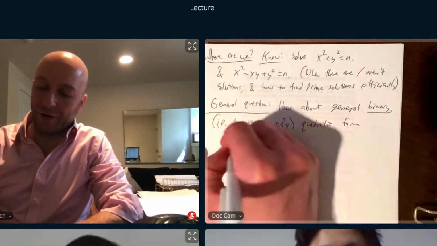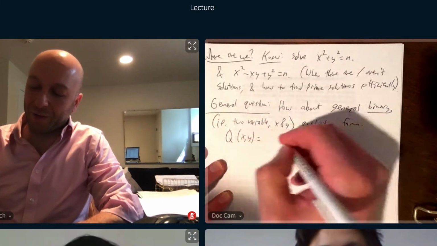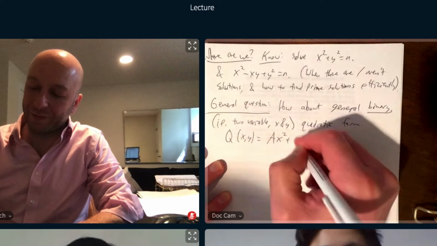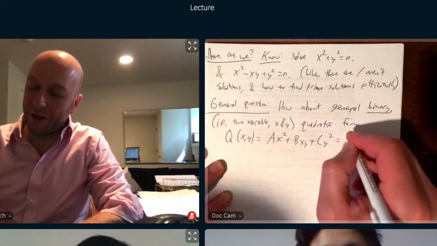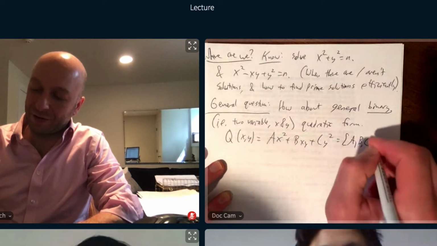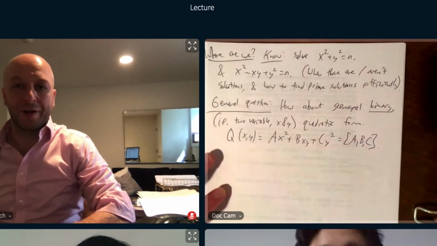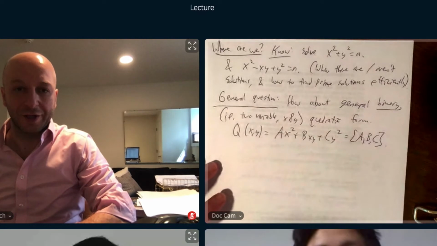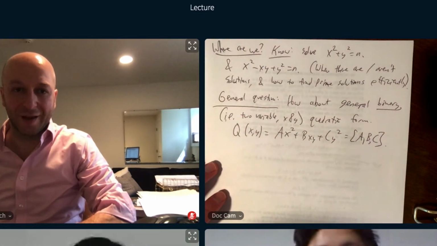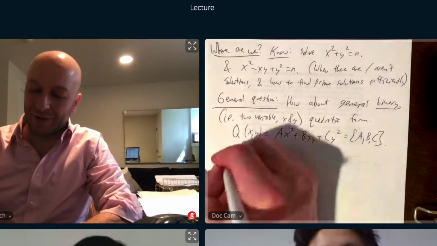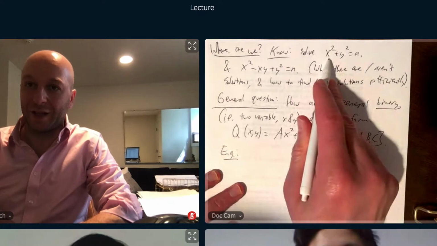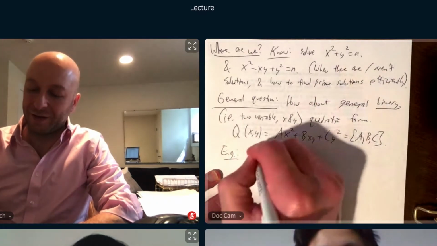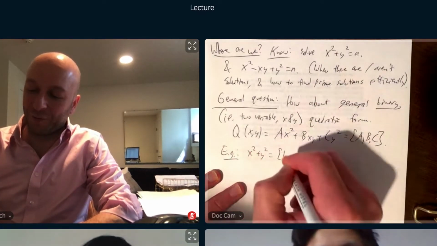So Q of x and y is the quadratic form a x squared plus b xy plus c y squared. I think I already introduced this notation for a general quadratic form, to write it just in terms of the coefficients. For example, the form x squared plus y squared we would write as 1, 0, 1.